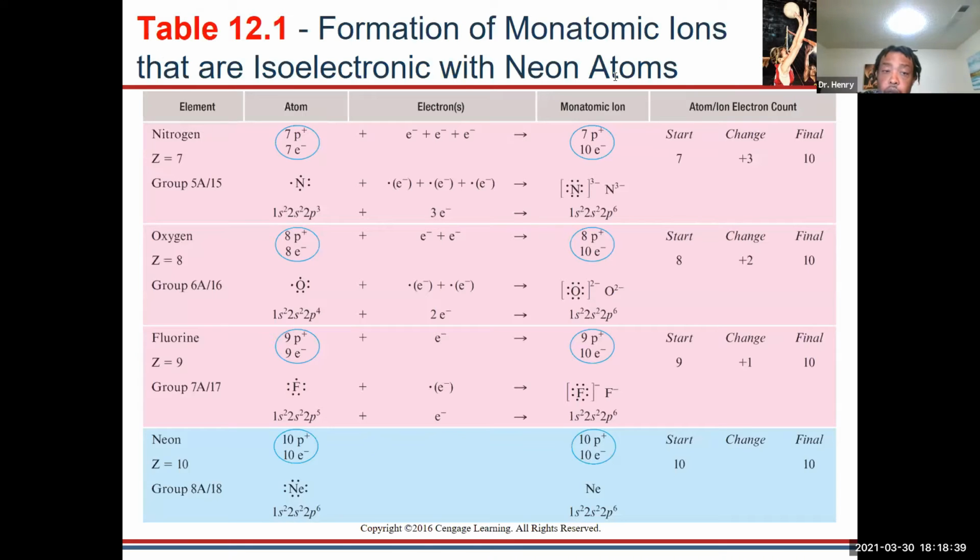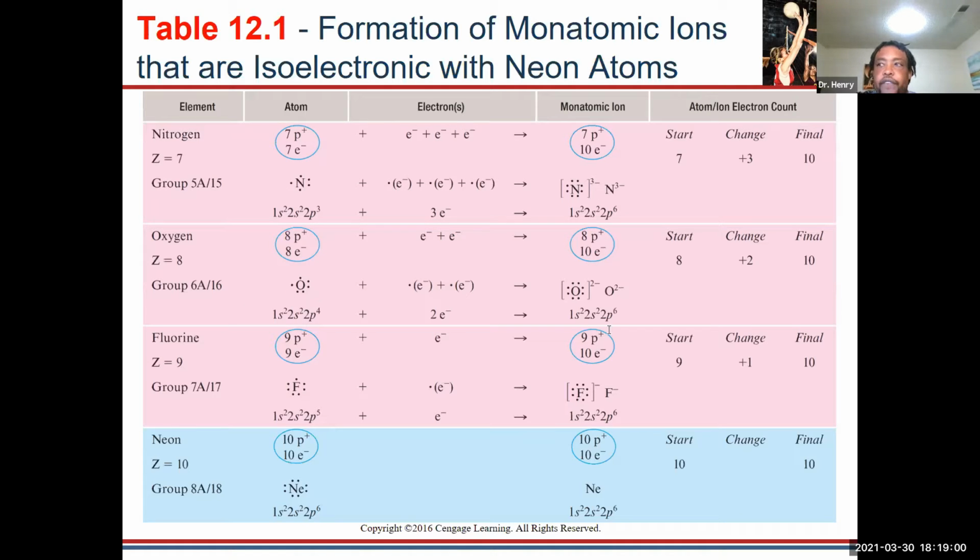Now we've talked about those ions, positive charge and negative charge. These are examples of other ions that are isoelectronic to neon. If nitrogen gains 3 electrons, it'll have the same electron configuration: N3-.